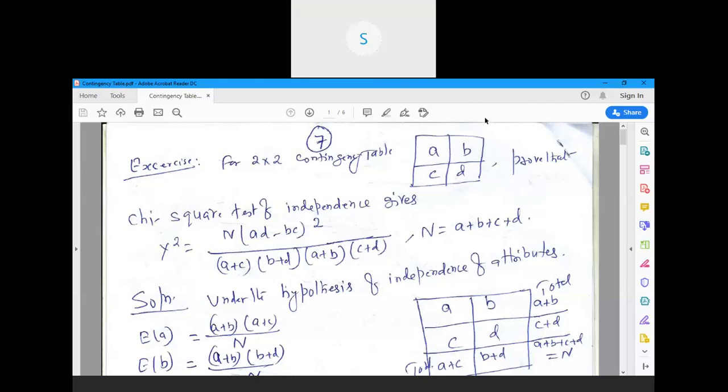Second, summation of Oi must be equal to summation of Ei, equal to capital N. Then the third point: no theoretical cell frequency should be less than 5. And the total number of observations should be reasonably large, say greater than 50. So please remember it.